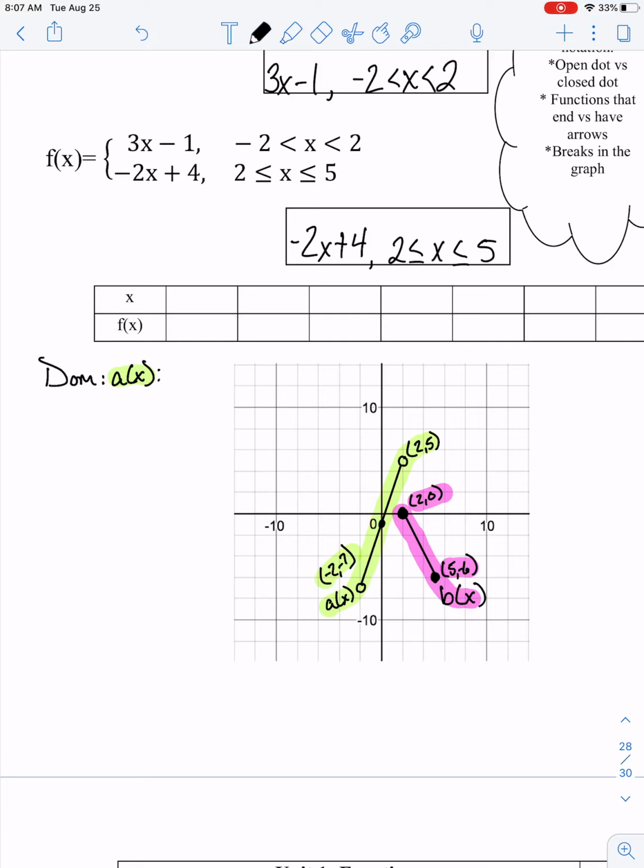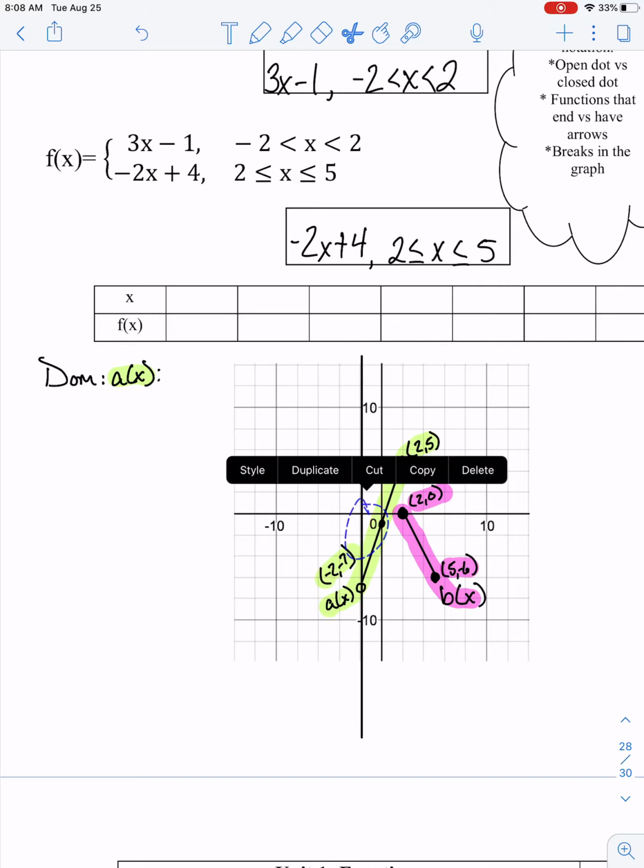Okay, so a of x, domain. Again, when I'm finding domain, I start off at the very leftmost piece of the graph. So I'm going to take a vertical line and go left to right until I hit a piece of the function. Well, I hit the function at that point right there. And again, I want the x value.